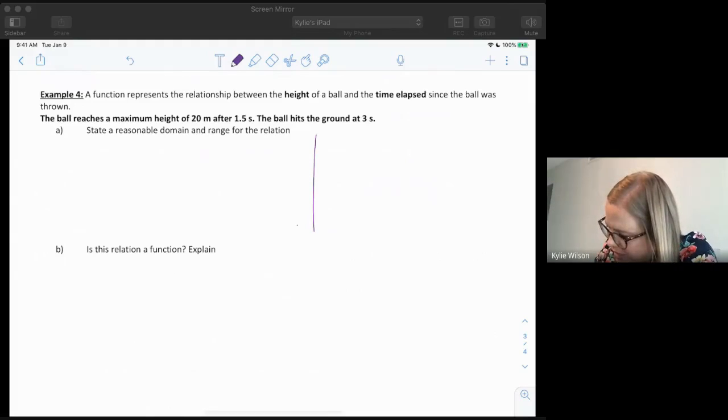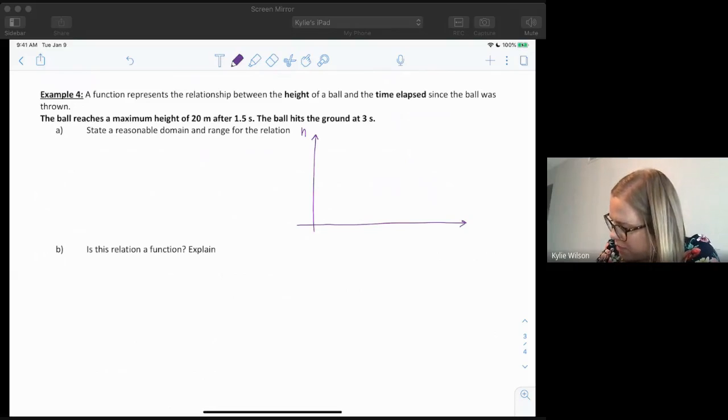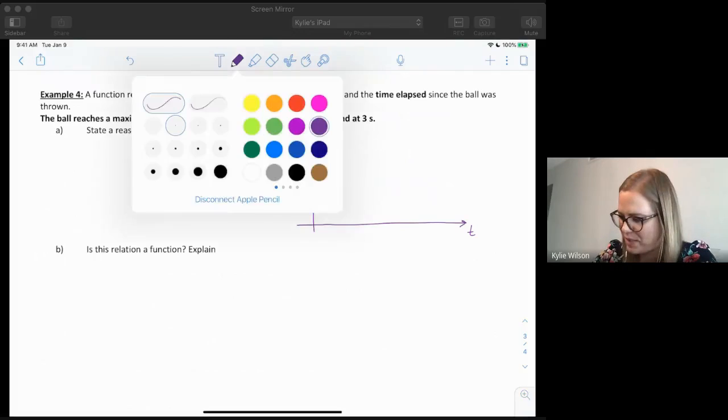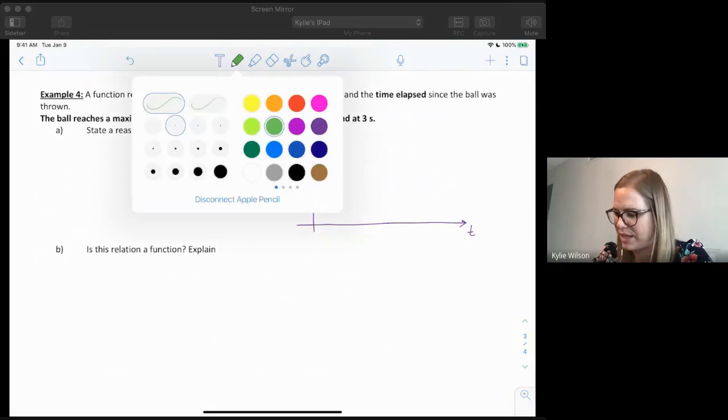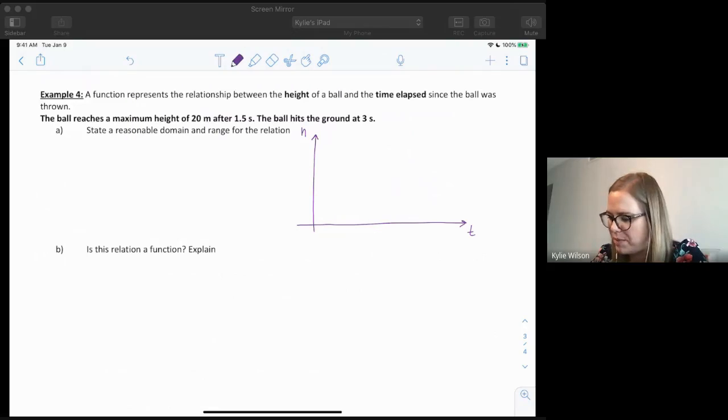So here's my diagram. We have my height of the ball, and we have my time. So the best way to think of these kinds of diagrams is picture my time axis almost being like I start a stopwatch. So you can kind of think of that as like the grass at the bottom. And so my ball shoots up from the ground.